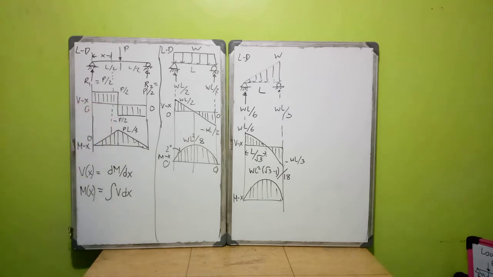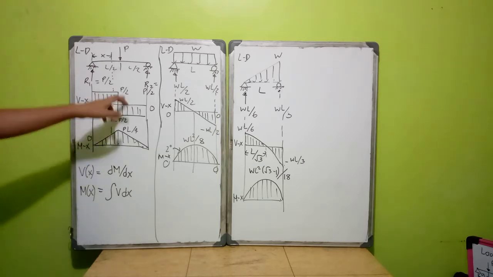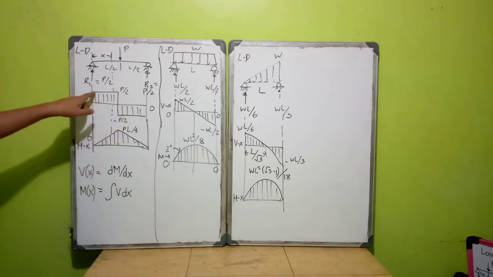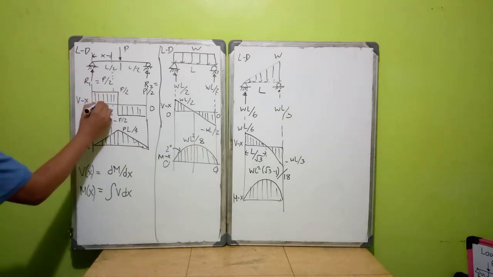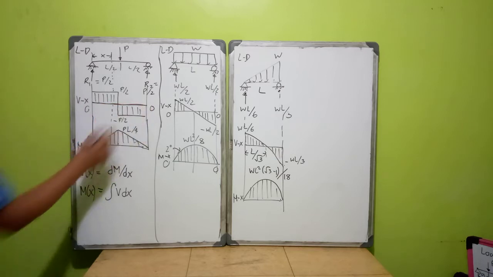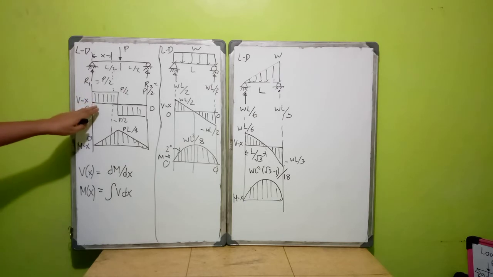Here you can see that there are changes along your x-axis. This is the line which represents your zero value. When the diagram is upward from this line, your shear is greater than zero.